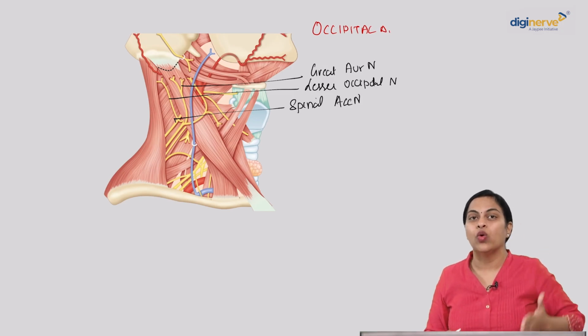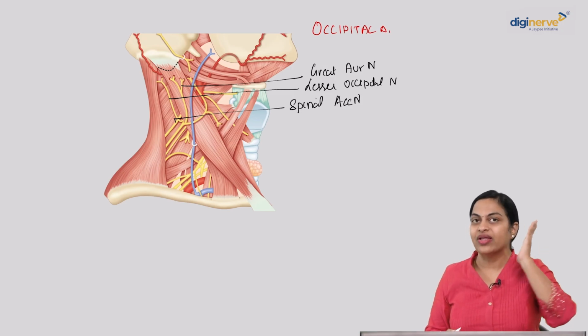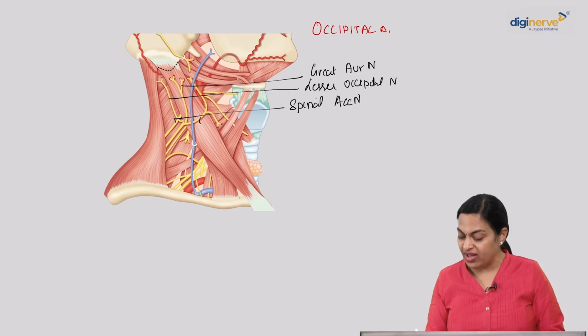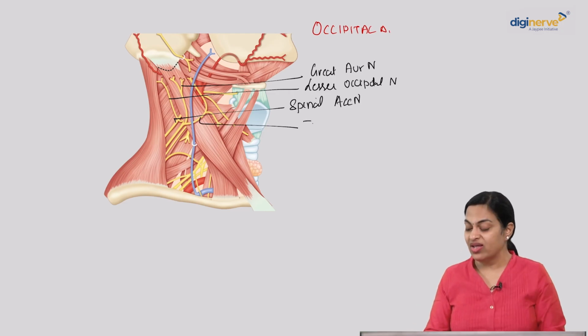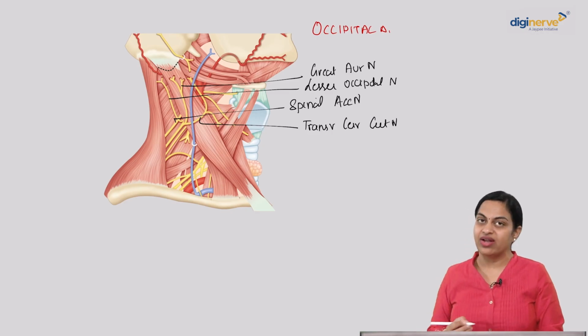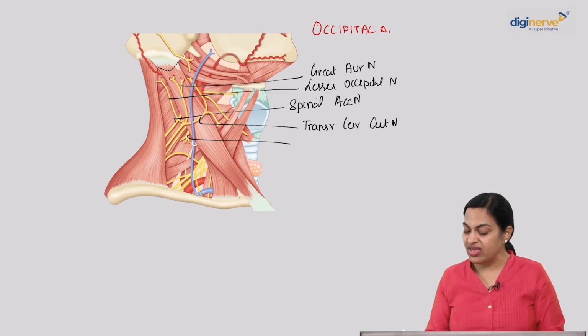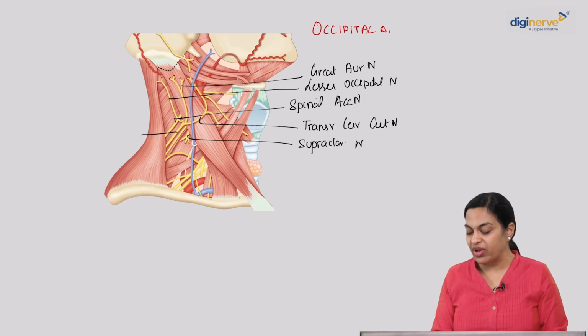It supplies the skin over the angle of mandible, skin over the parotid gland. And this one here running horizontally, the transverse cervical cutaneous nerve. Okay, again ventral rami of C2, C3. And these are the supraclavicular nerves. Parallel to spinal accessory will be ventral rami of C3, C4. And this is the dorsal scapular nerve.